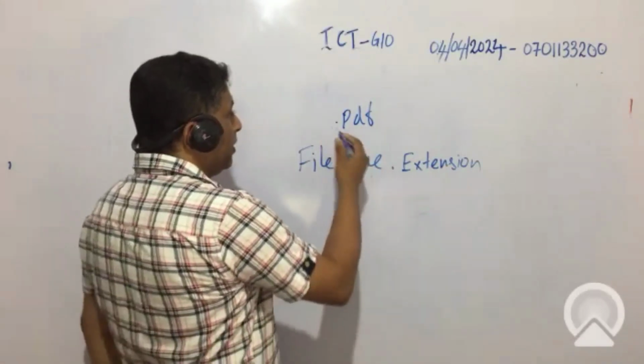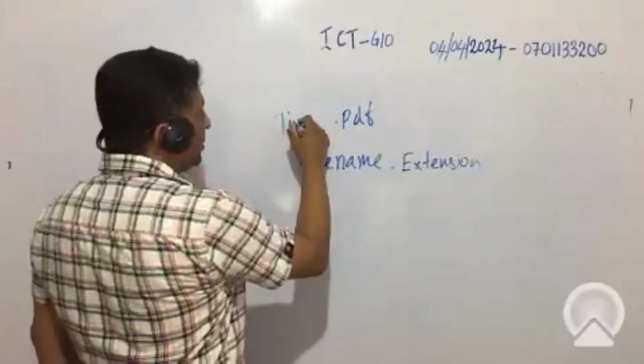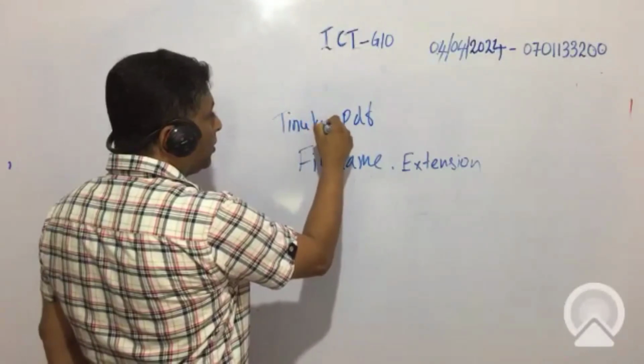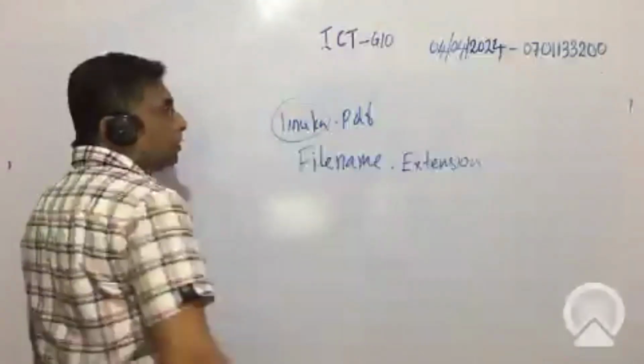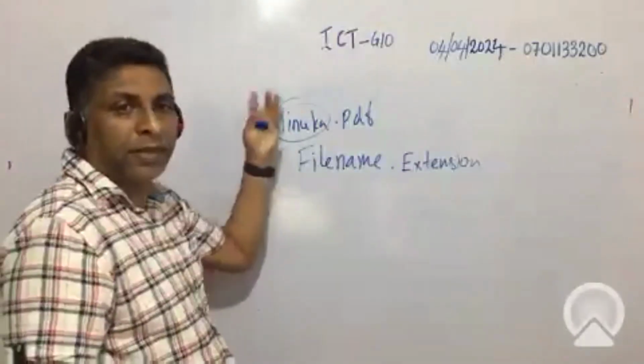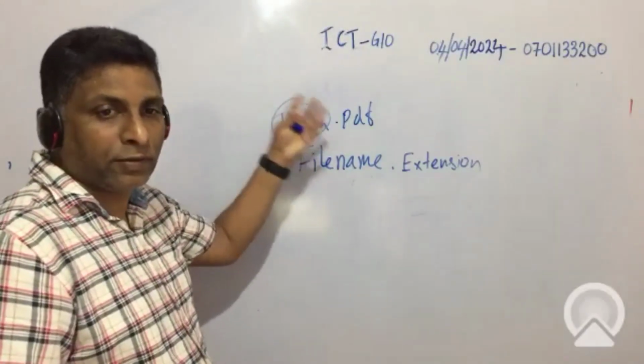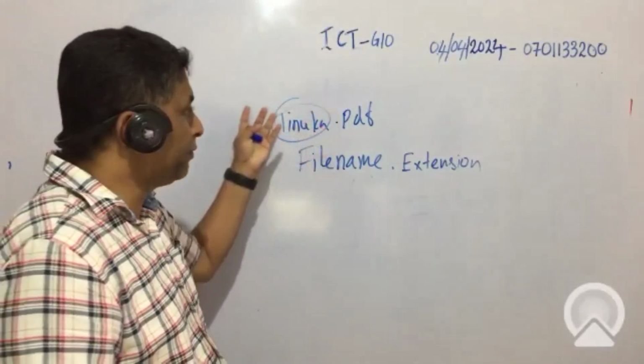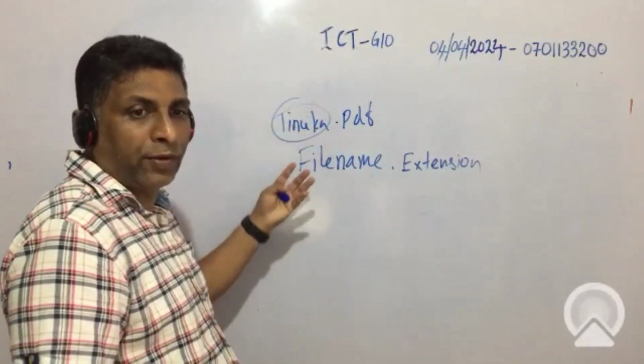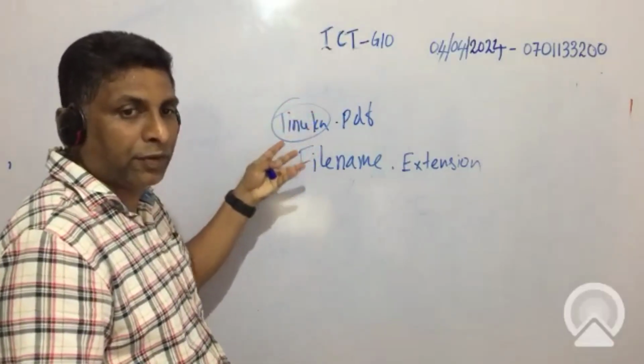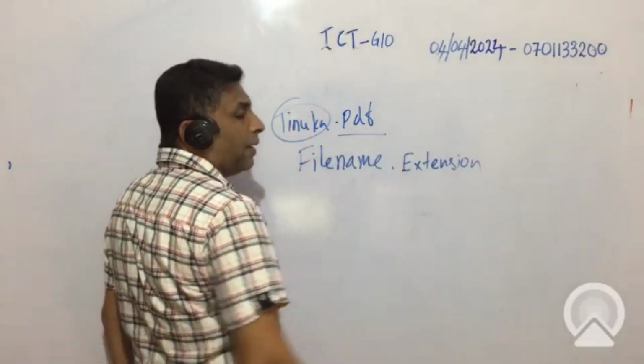So PDF, maybe I will say Tinuka.pdf. The first part, the file name, says some information about the file. You can give some meaningful word, so then you can identify what's inside this file. And here comes the file type.